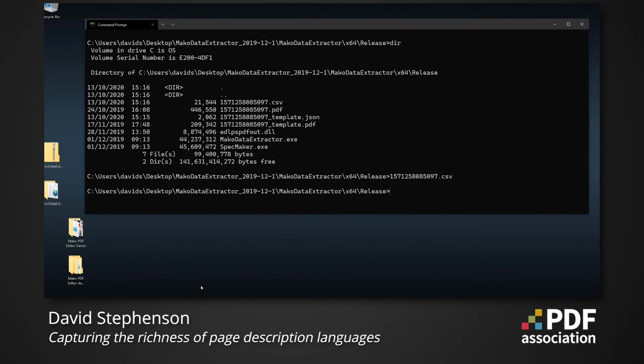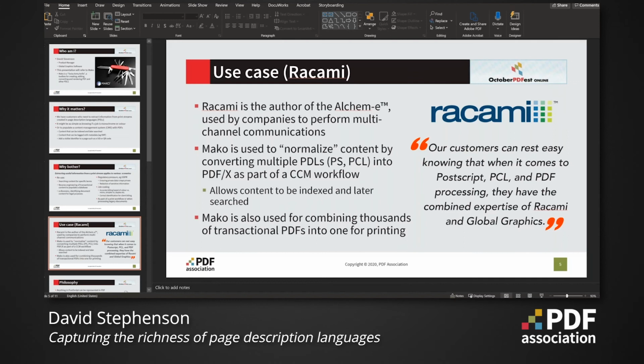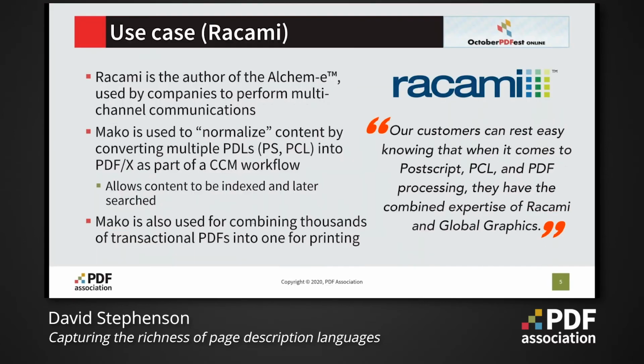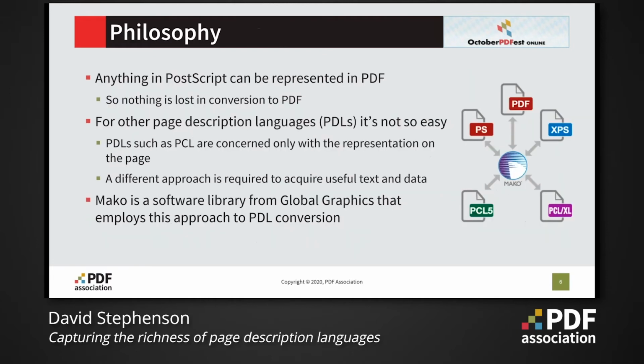And there are lots of other ways of doing this, but when a customer wants to do something which is customized and built into their workflow, then they can use our technology to develop that. So moving on.